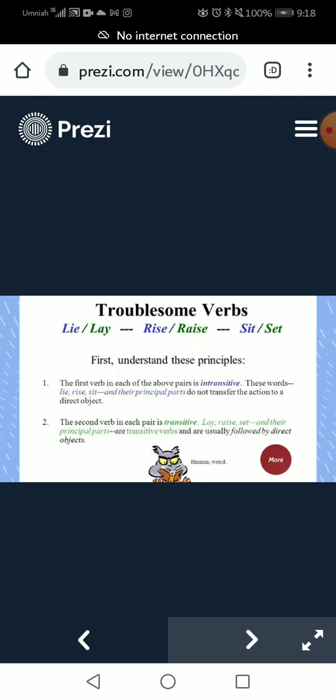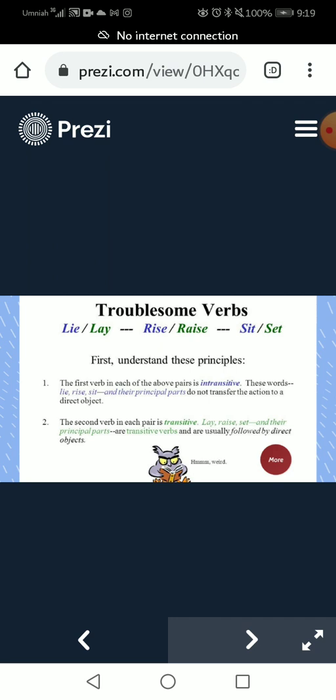Now, tricky verbs. We have three groups of verbs. We have lie, lay, rise, raise, sit, and set. First, you have to understand these principles. The first verb in each of the above pairs is intransitive. These words, lie, rise, sit, and their participle parts do not transfer the action to a direct object.